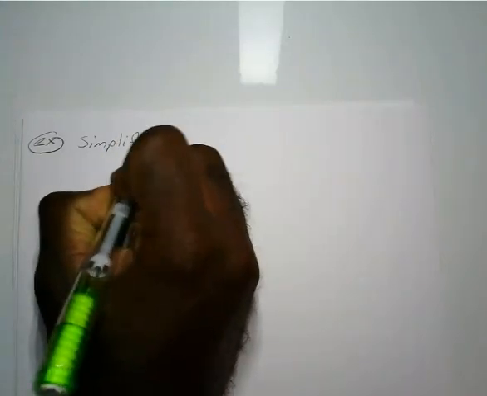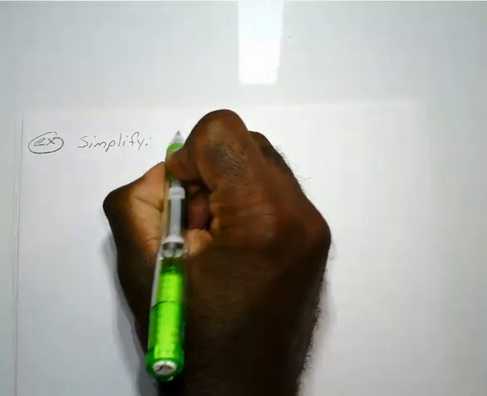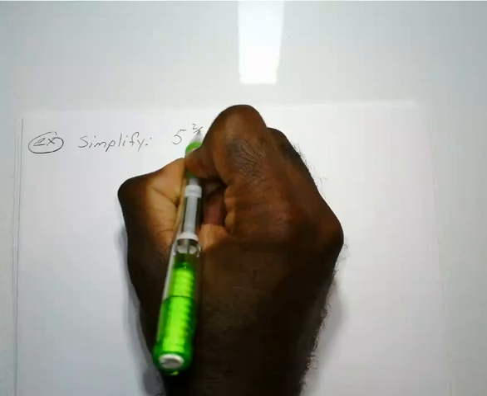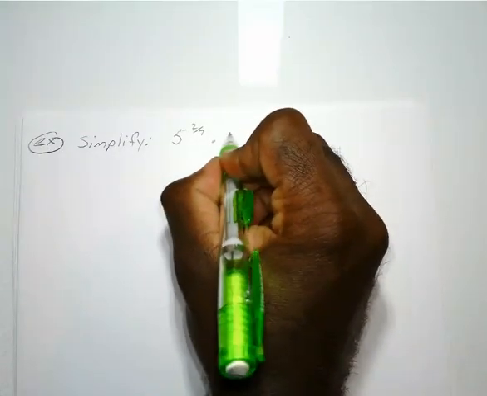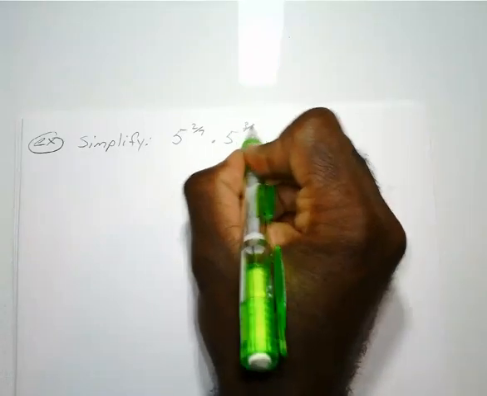So let's say, for example, you wanted to simplify 5 to the 2/7 power times 5 to the 3/7 power.